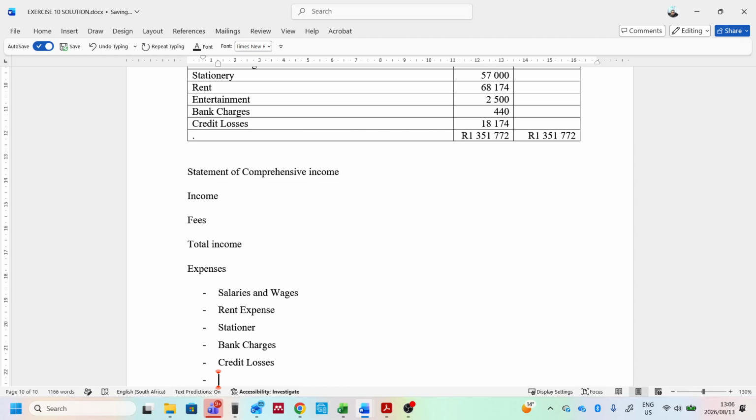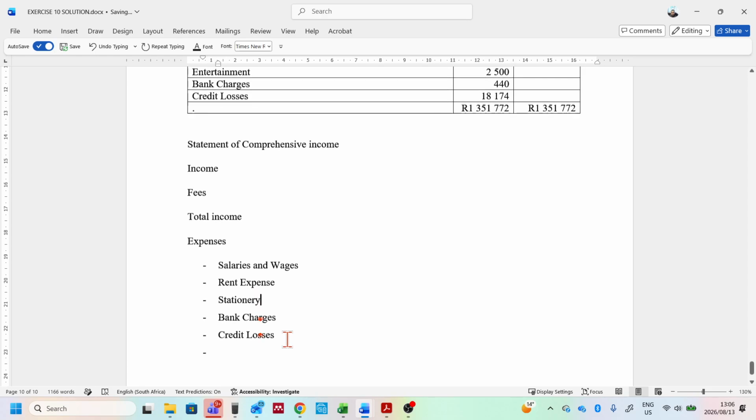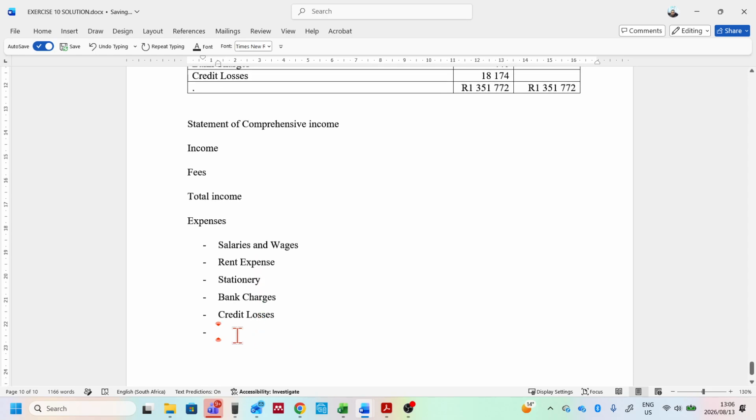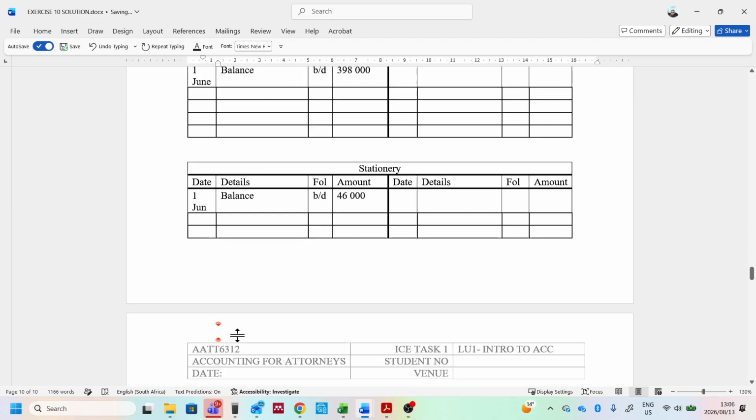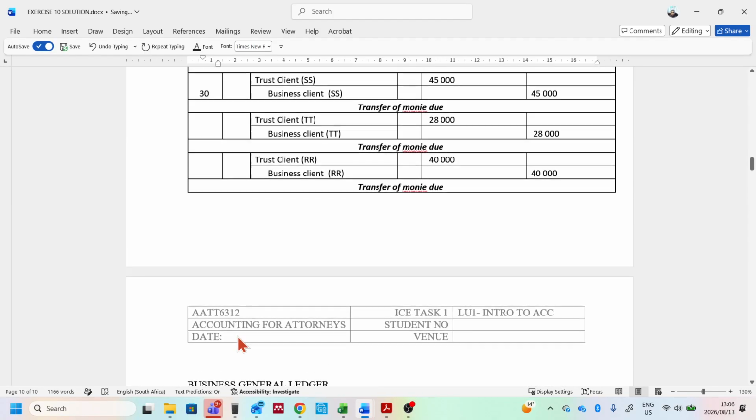Salaries and wages is there, rent expense is there, stationery is there, bank charges, equipment is an asset, not an expense. That's it. Okay, let's just quickly confirm.